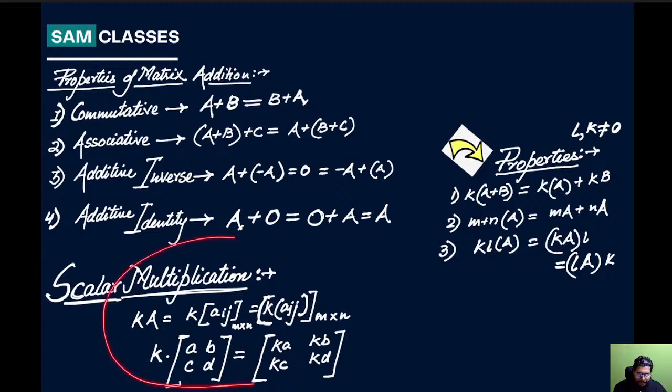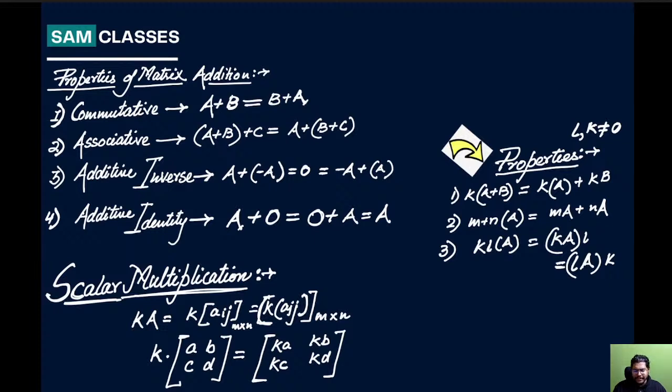What about scalar multiplication? Again, this is important. Right now it doesn't seem so, but when in the exam they trick it and give it, you'll have difficulty. So always keep in mind, scalar multiplication of a matrix means each and every element is multiplied. Determinant is different, okay? That's why I'm giving a lot of priority to this part.